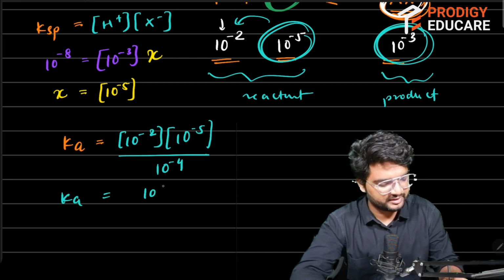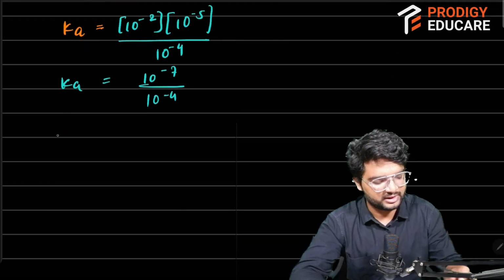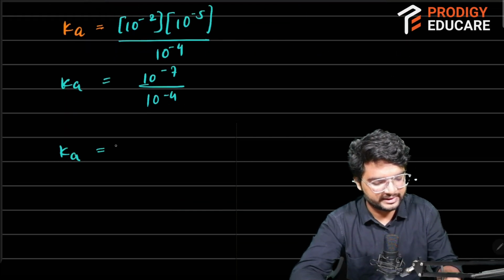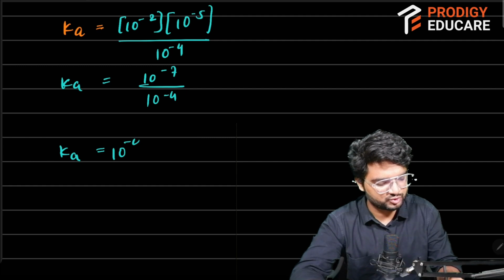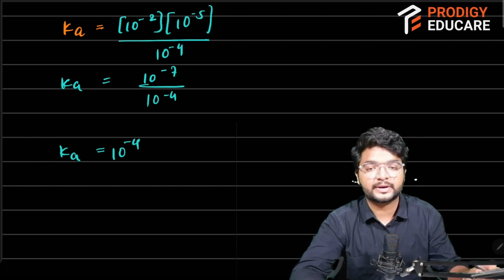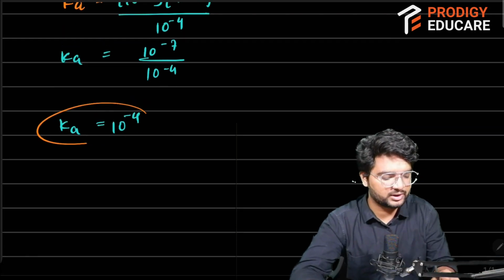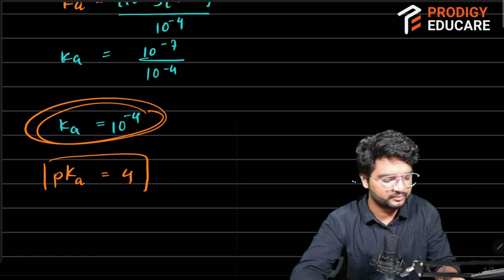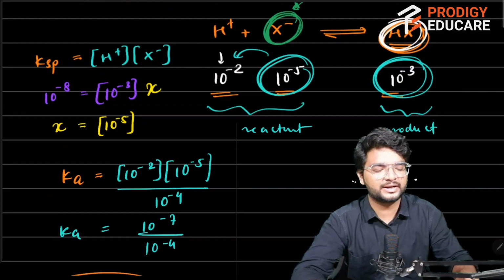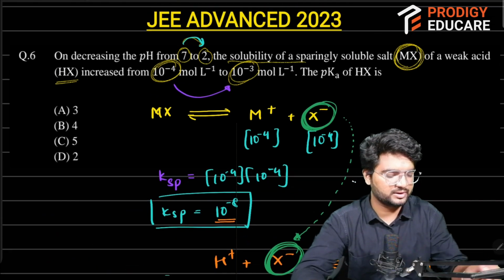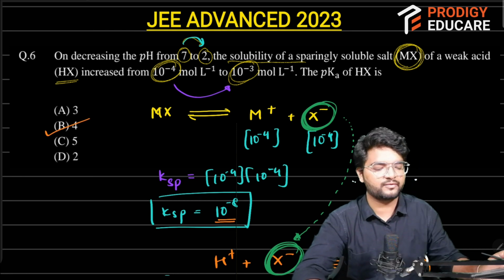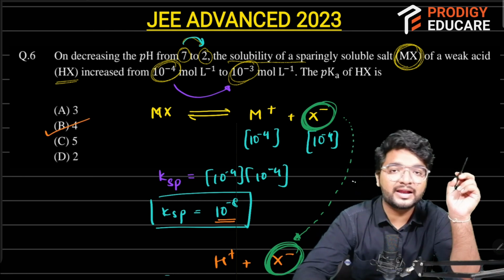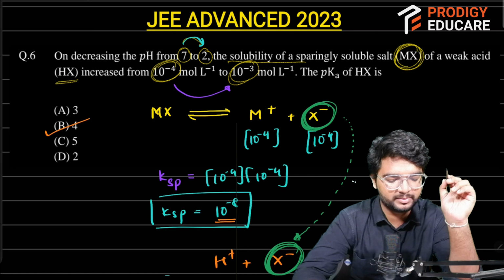Ka will become 10 raised to minus 7 upon 10 raised to minus 3. Ultimately we'll get Ka as 10 raised to minus 4. And as we have the Ka value, we can get the pKa value, which will of course become 4. So here the correct answer will be 4. The pKa value for HX will be 4.